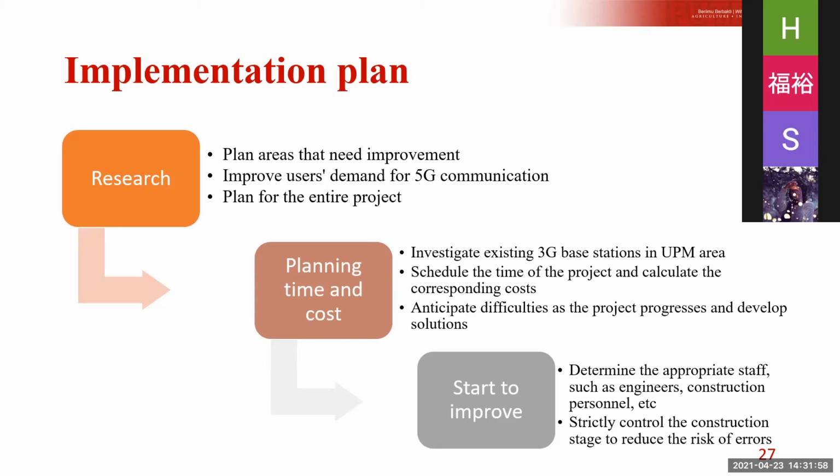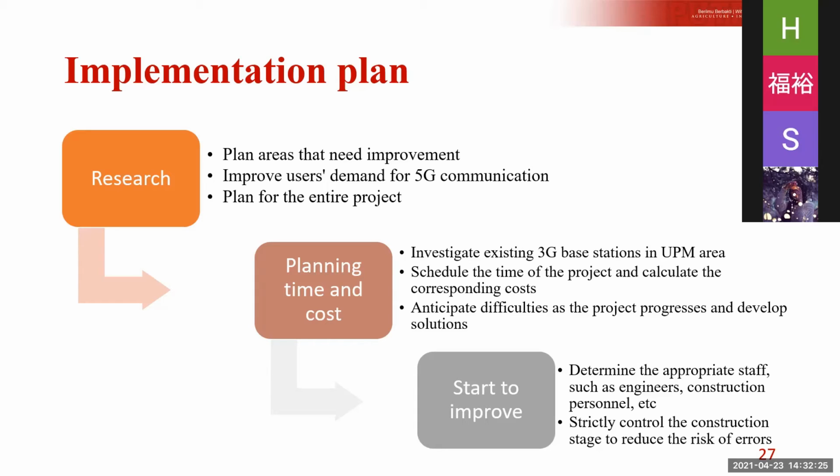And the next is the planning times and cost. In this part, we need to investigate existing 3G base stations in the area, and we also schedule the time of the project and calculate the corresponding cost, and we also anticipate differences as the project progresses and develop solutions.